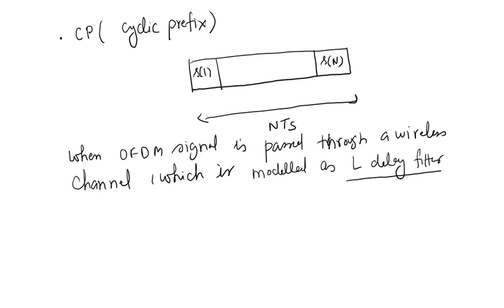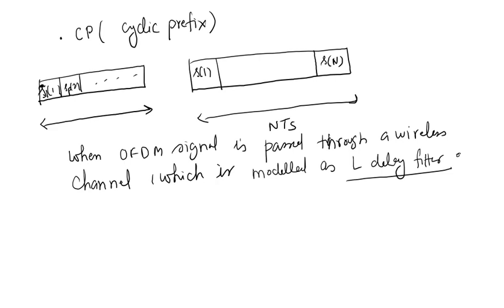So in order to avoid the inter-OFDM-symbol interference, because this will be your previous OFDM symbol, you can represent it as previous 1, previous 2. So this is your previous OFDM symbol. It does not interfere with the current symbol. What we do, if the channel is L tap, then we just take the last L minus 1 samples, and they are just copied and pasted here.